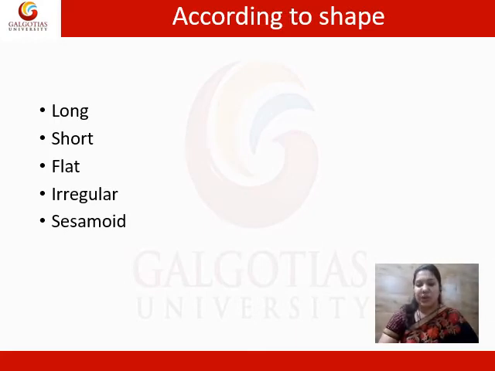Classification according to shape. Bone is classified into 5 major types according to shape, that is long bone, short bone, flat bone, irregular bone and the sesamoid bone. Let's discuss these bones one by one.